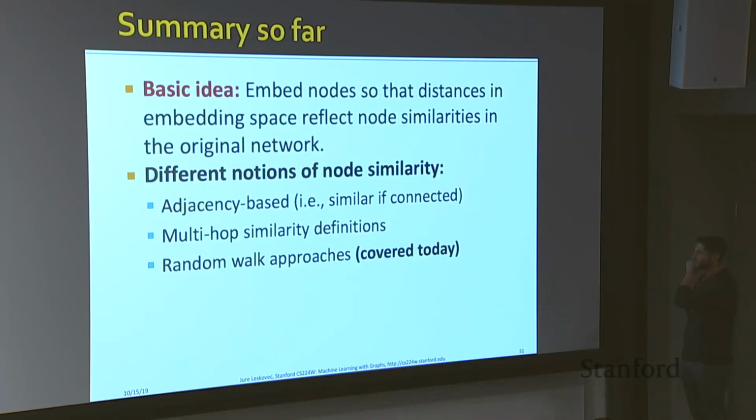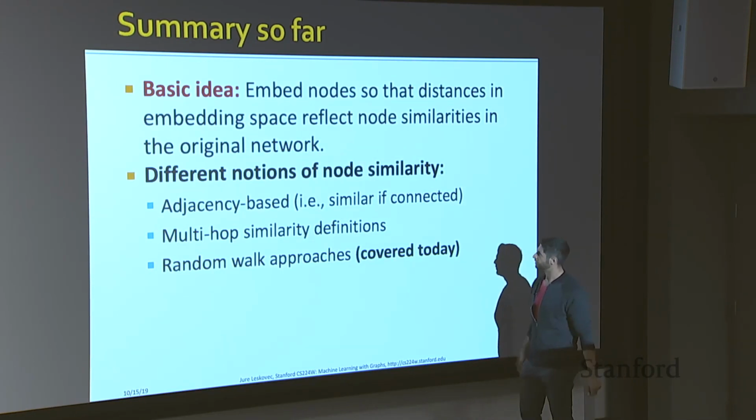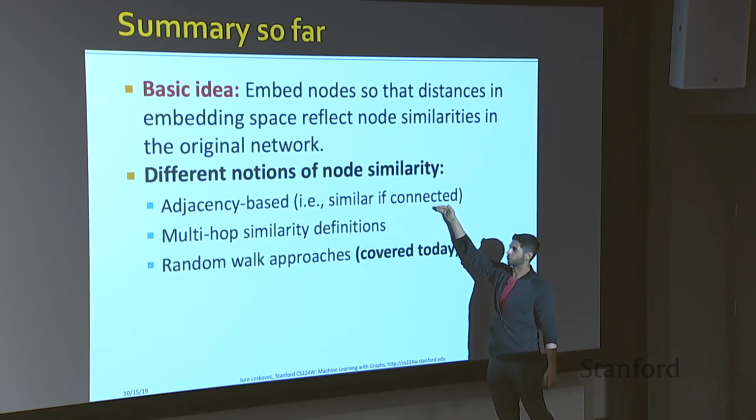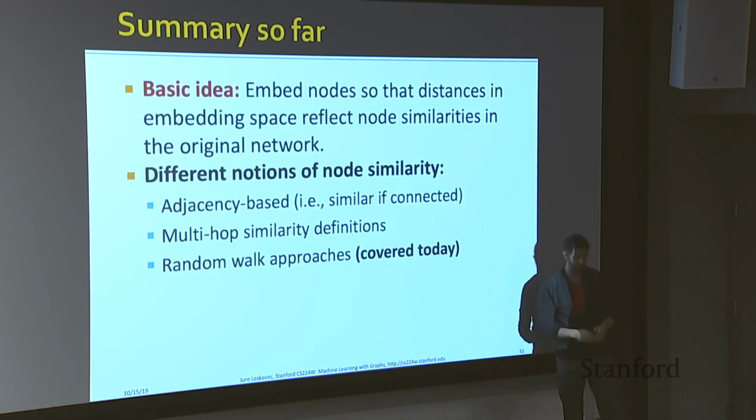What we covered today is random walk approaches to define node similarity. We moved away from only using adjacency-based features or multi-hop similarity, meaning how much nodes have in common in terms of neighborhood, to something more powerful where we explore our graph much more in depth.